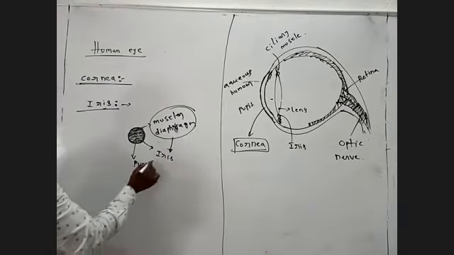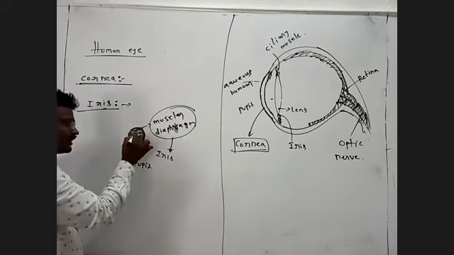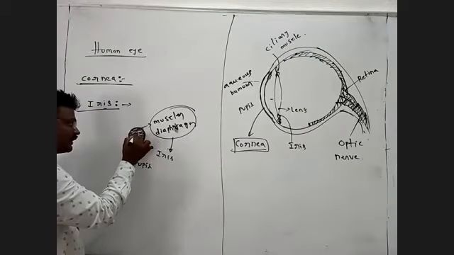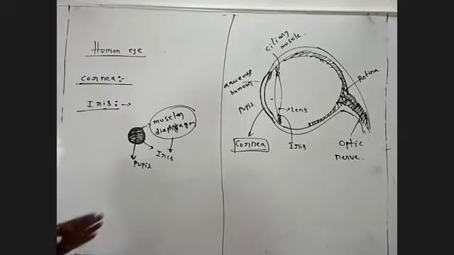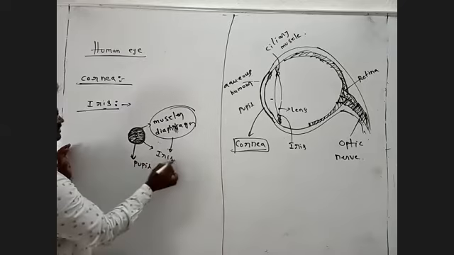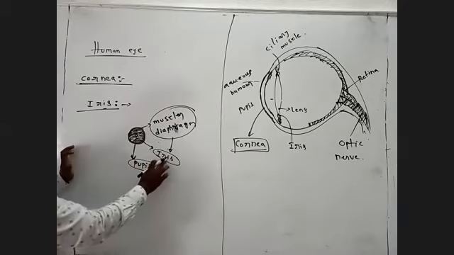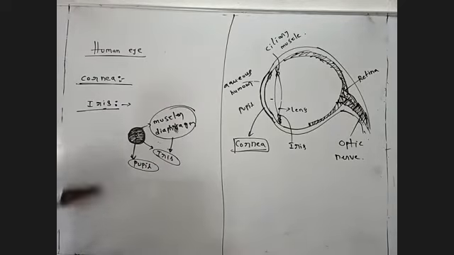This iris has one center, and the ring is at the center of the iris. This is called the pupil. So what is the function? Next time I'm going to explain the function. What is the function of the iris? What is the function of the pupil?